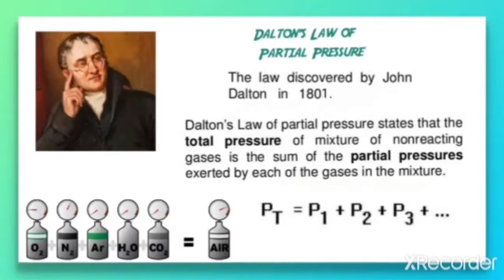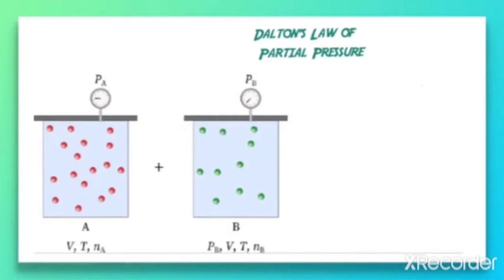This can be better explained when we take two gases in separate containers. Let A gas and B gas be taken in separate containers at volume V and temperature T. Let Na be the number of moles of A gas, and Nb the number of moles of B gas.